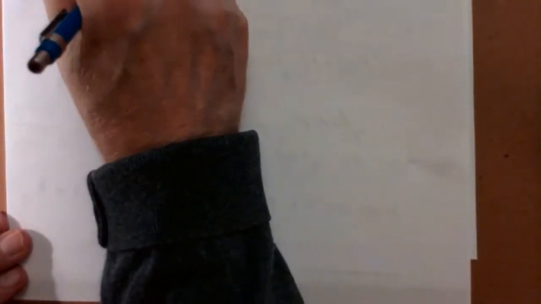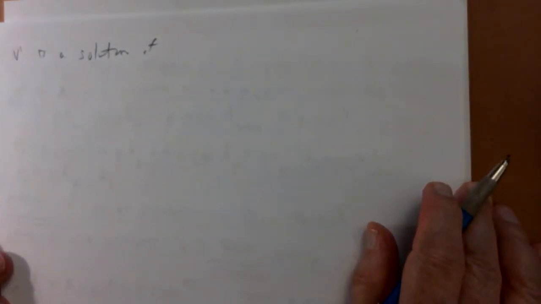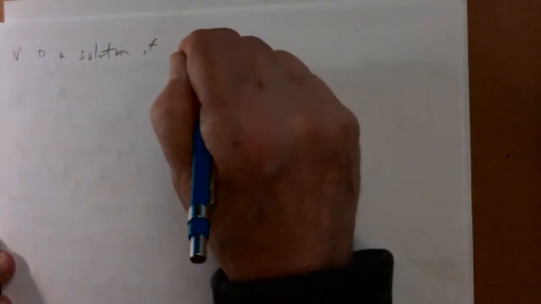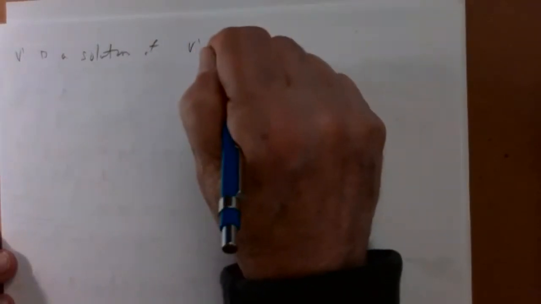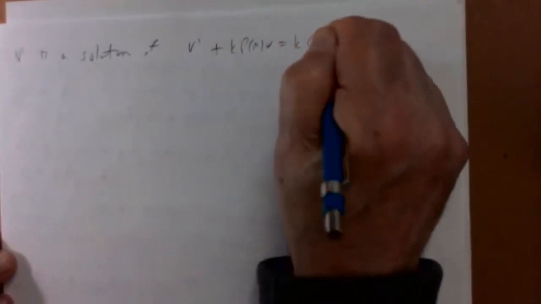Let me do it again because I need more space. So v is a solution of the linear equation v prime plus k p of x v equals k q of x.